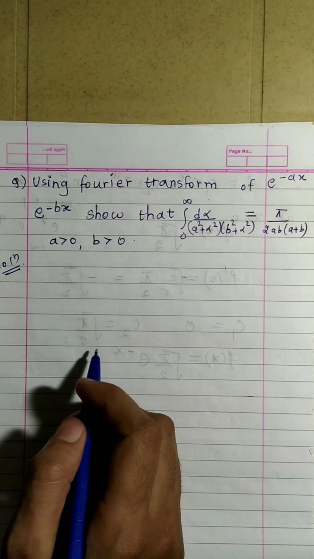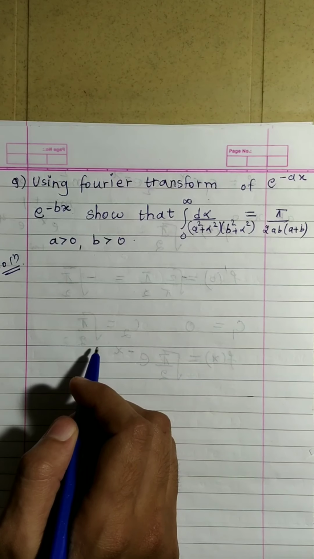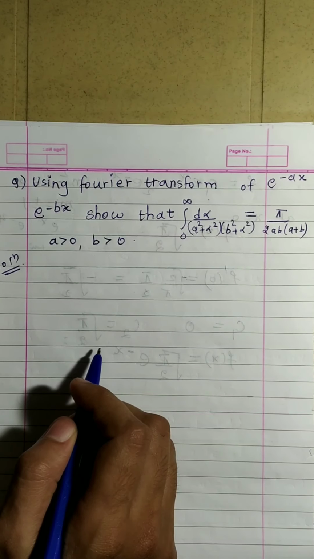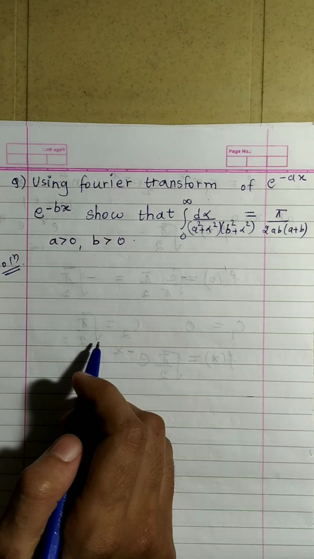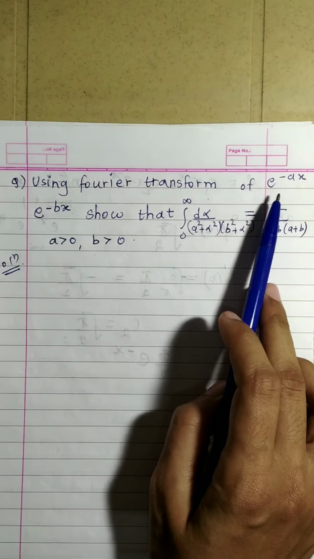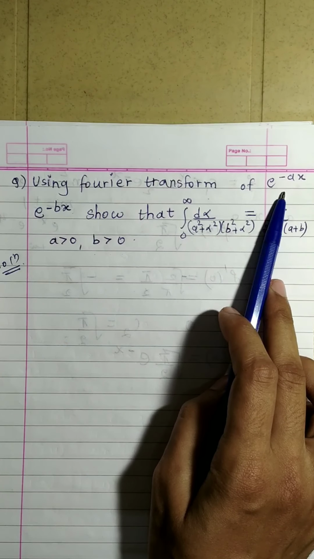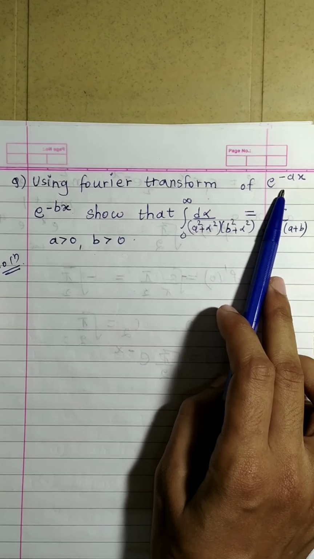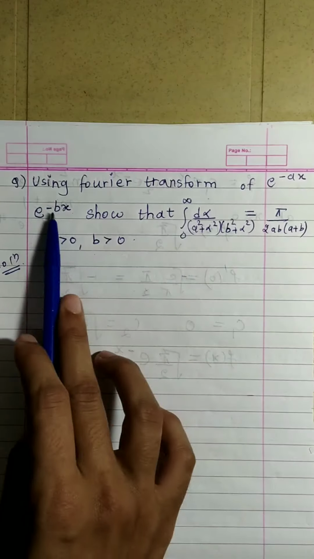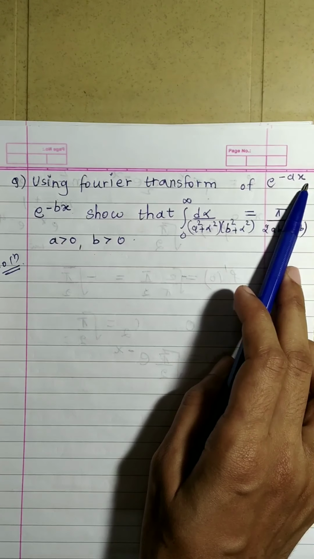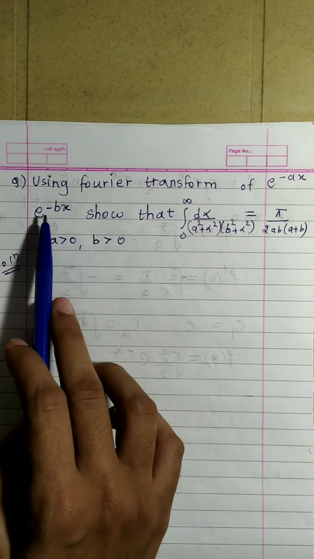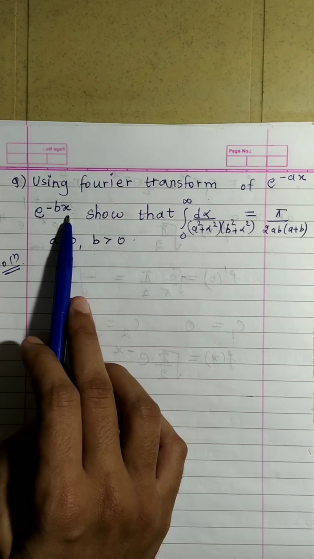If you remember, in one of the previous videos, we have already found out the Fourier sine transform and Fourier cosine transform of such a function. You see here it's the same function, only these constants are changed. Here it is e raised to minus ax and here it is e raised to minus bx.